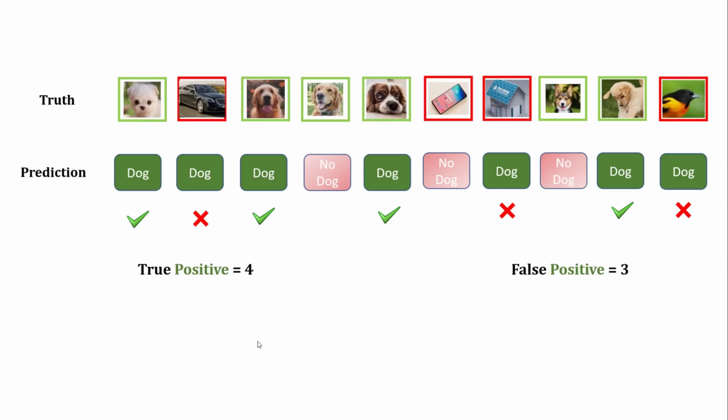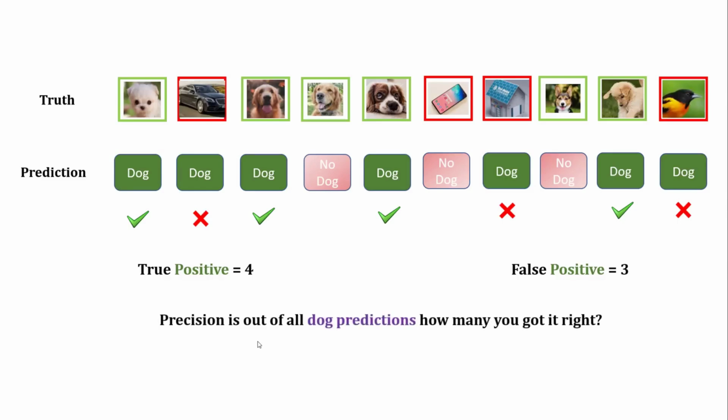Now in this diagram we are going back to only the positive class. Forget the no dog predictions, just take those out of your visualization. Here we saw true positive was 4 and false positive was 3. So precision is, out of all dog predictions, how many you got right?